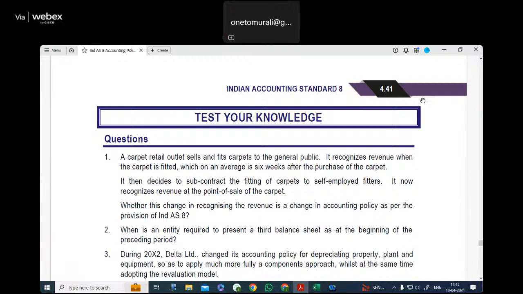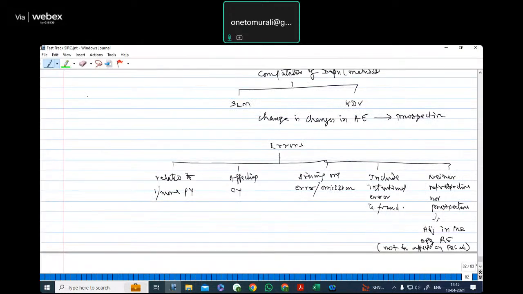See, first and foremost thing in any problem involving a case study, I'm just telling you that you got to go by a 4 steps model. Step number 1, step number 2, step number 3, and step number 4. Step number 4 is always the conclusion, and step number 3 is discussion.